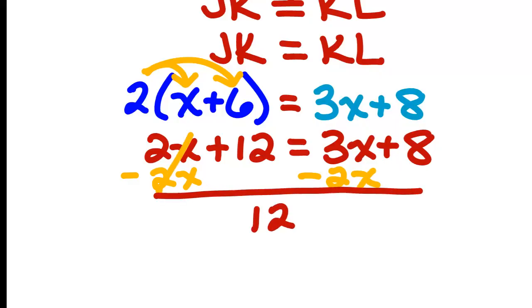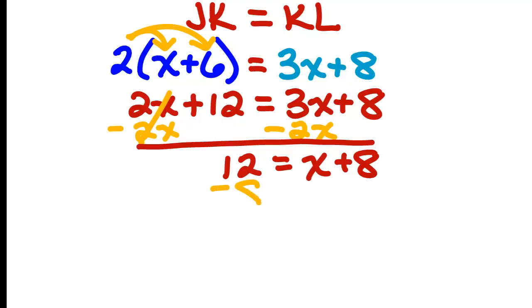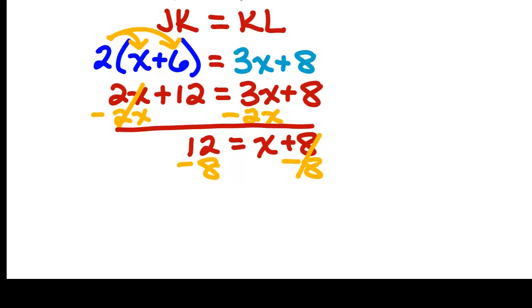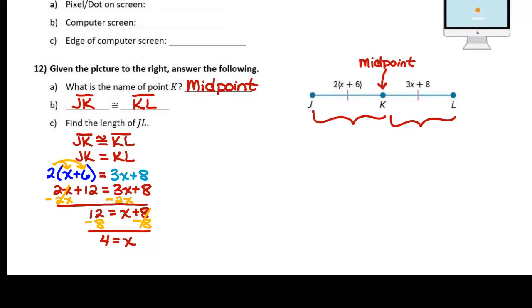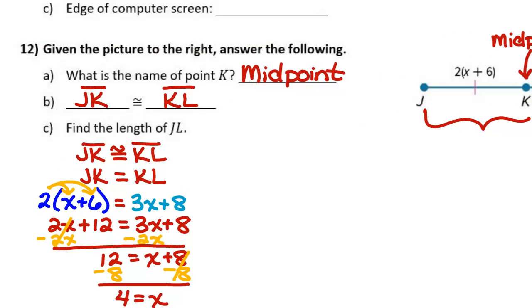That gives me 12 equals 1x, or just x, plus 8. And then we minus 8 from both sides. What is 12 minus 8? 4. So x is 4, but they wanted the length of JL.